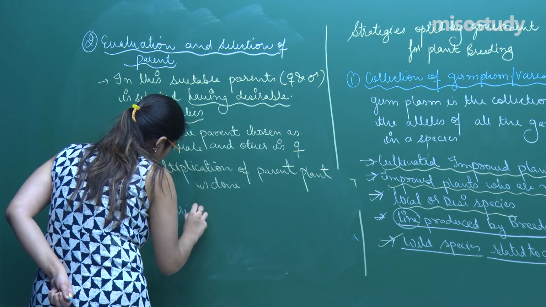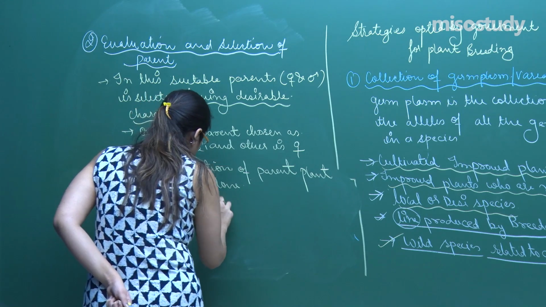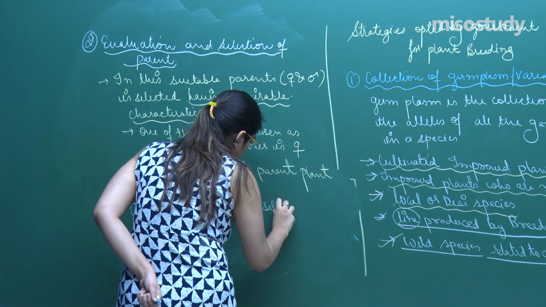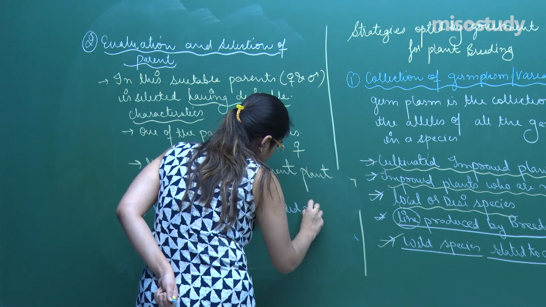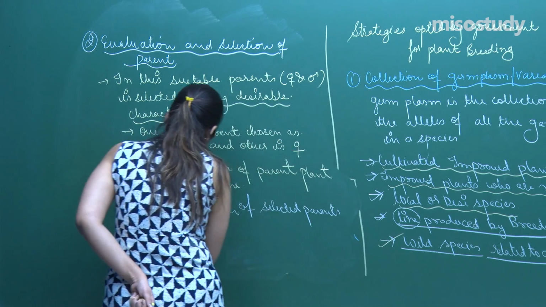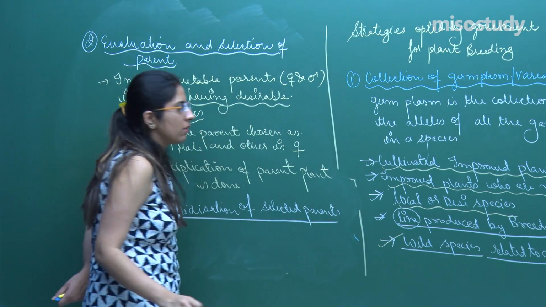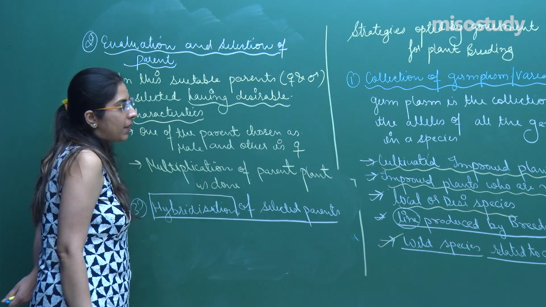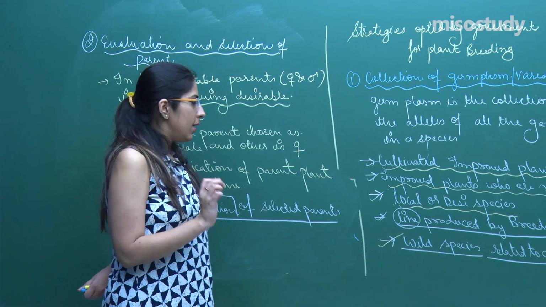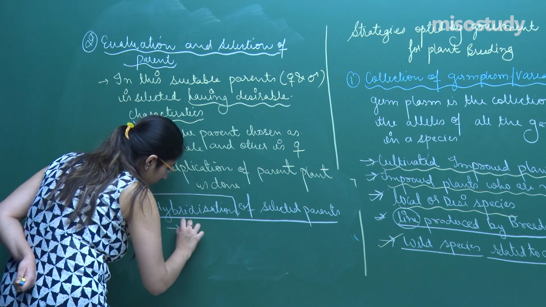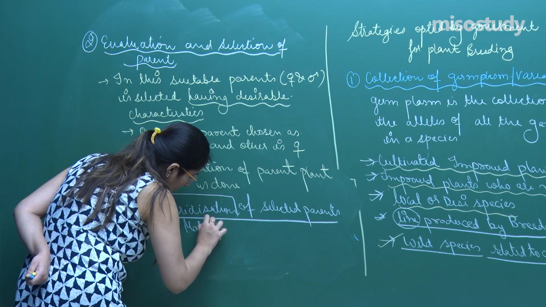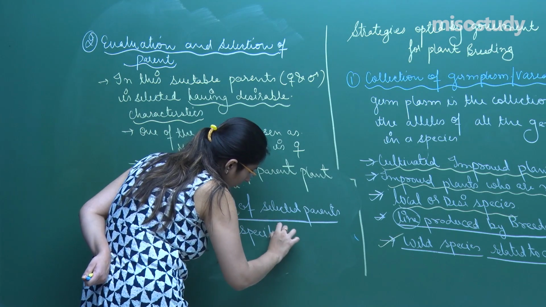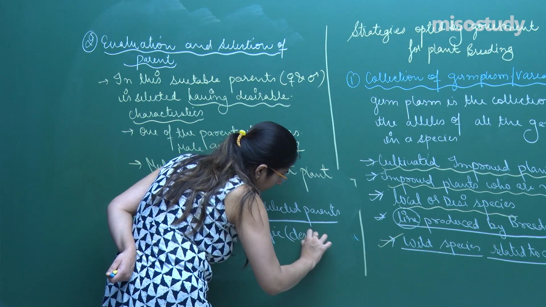Hybridization of the selected parents. So, hybridization means a mating of the selected parents, that is, mating of specific parents or parents with desired characteristics.